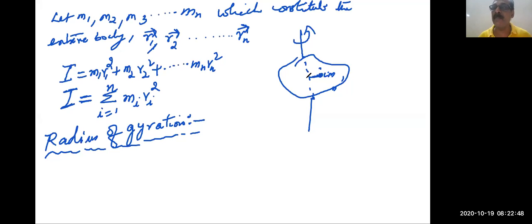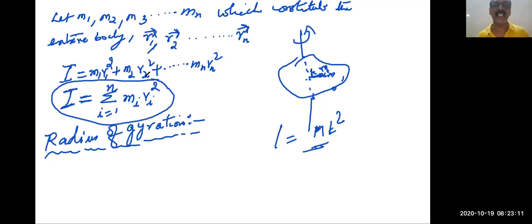So the entire body has a mass capital M, and this is K, the perpendicular distance to the center of mass. Now, with respect to this, calculate the moment of inertia. I is equal to M K squared, total mass into perpendicular distance to center of mass. This will be equal to the moment of inertia calculated as the sum of moment of inertia of individual particles.